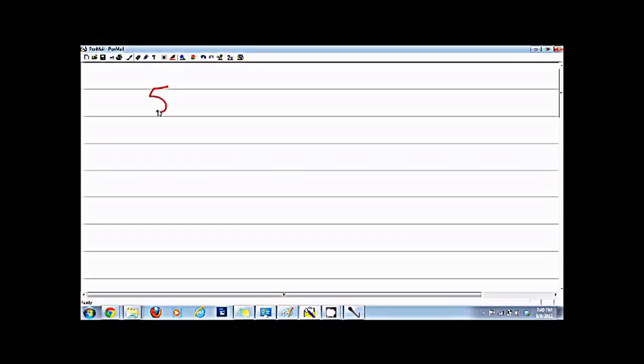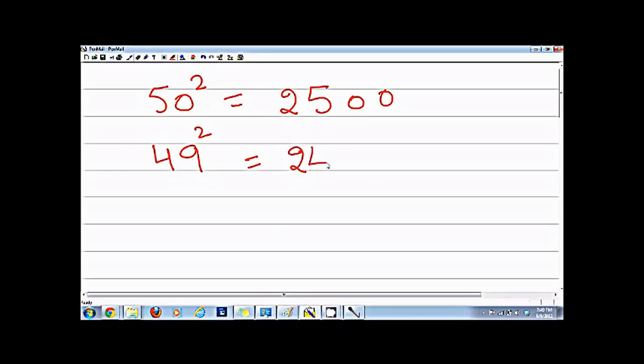So if I have 50 and I want to square it, I will just write 2500. Now if I want to take a square of 49, then all I will do is subtract 1 from 25 because 49 is 1 less than 50, so I will say 24 and then write square of 1, which is 1.